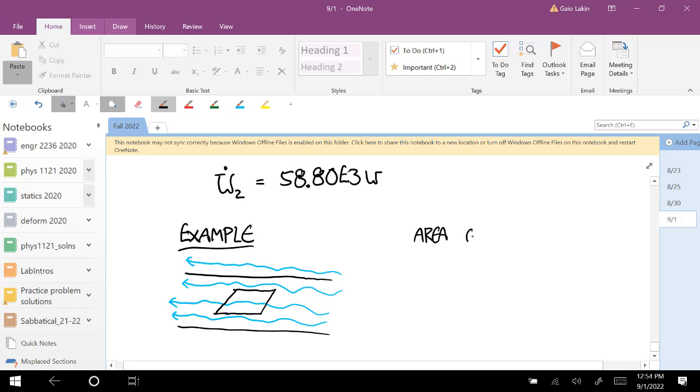The area of the exposed part of the chip is 5 millimeters by 5 millimeters.